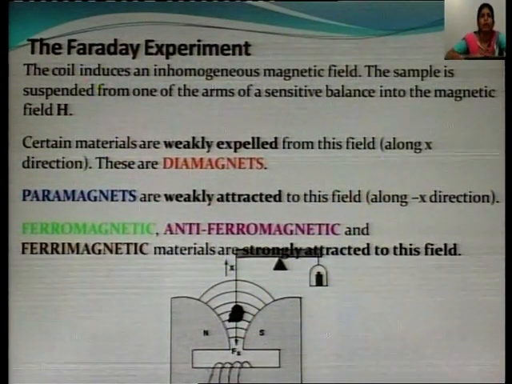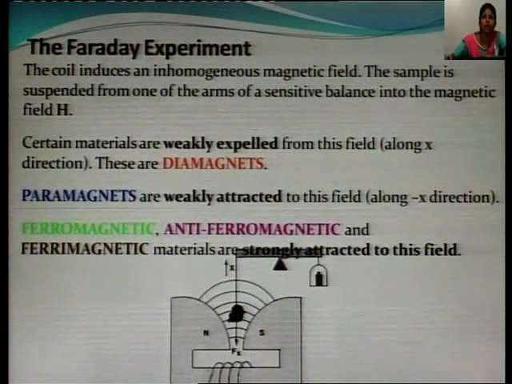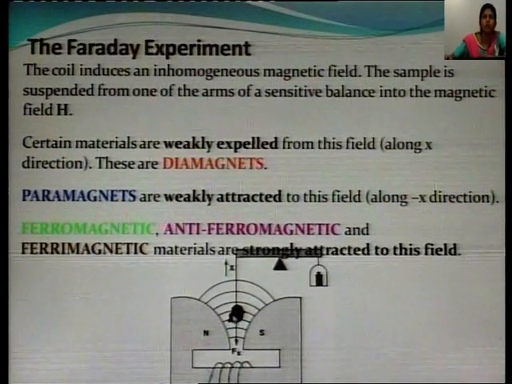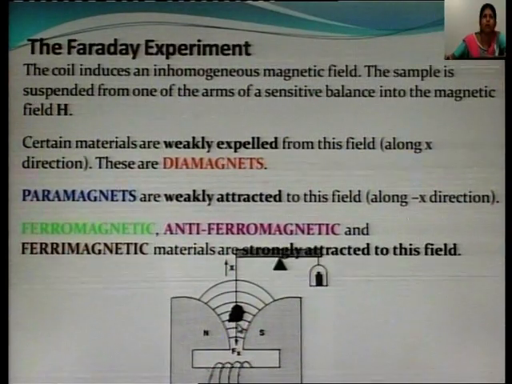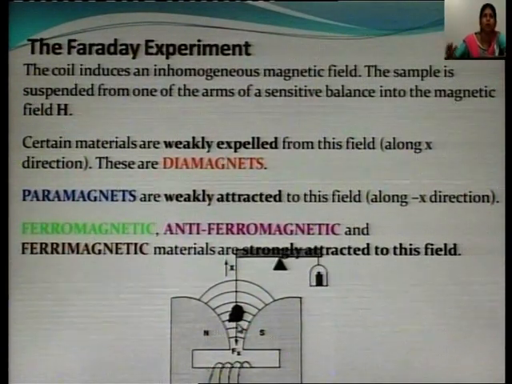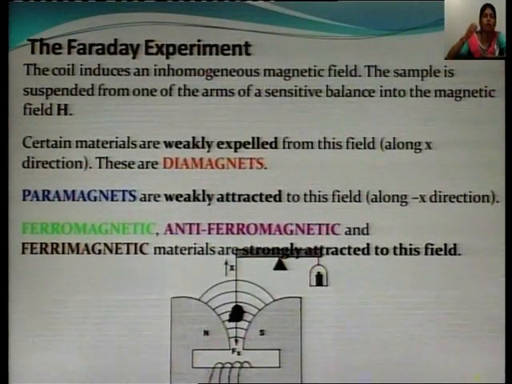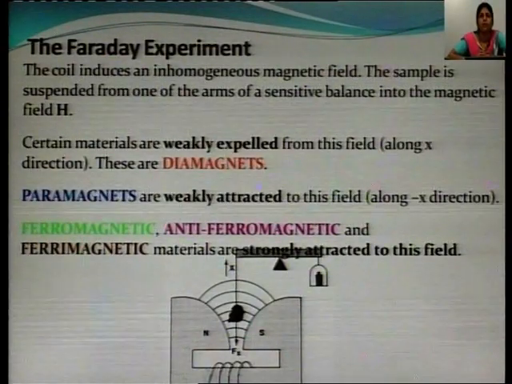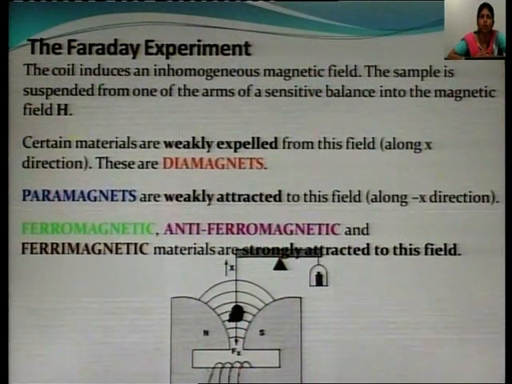This coil induces an inhomogeneous magnetic field. The sample, which we want to detect whether it is a strong magnet or weak magnet, is suspended from one of the arms of a sensitive balance into the magnetic field H.